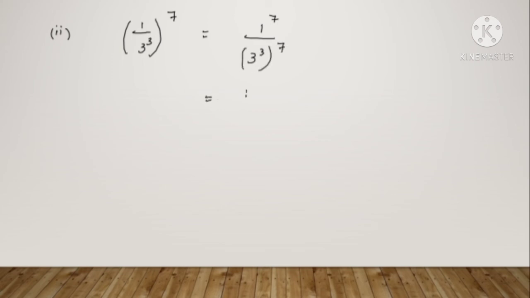So 1 power 7 gives us 1 divided by 3 to the power 3 into 7. A power m the whole power n is equal to a power mn. So 3 7s are 21. So the answer is 1 divided by 3 to the power 21. Either we can stop with this step, or if you want you can also proceed to 3 to the power minus 21. Okay. The next question.